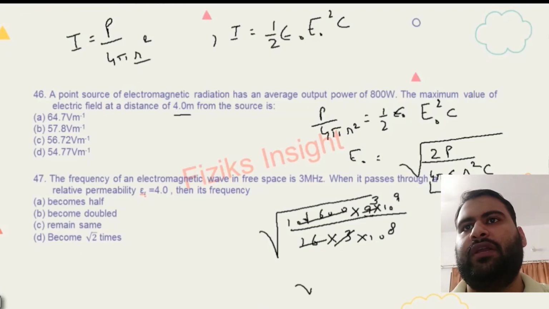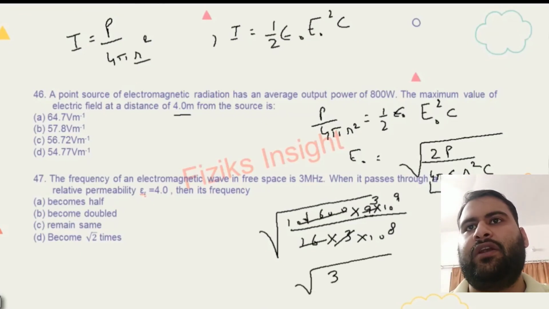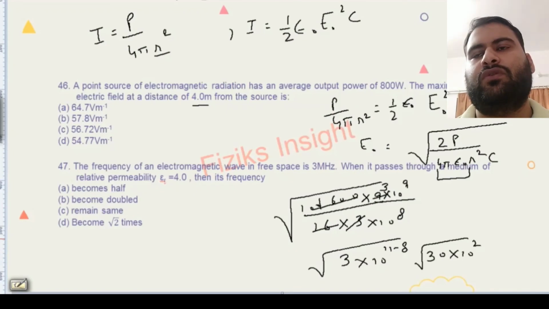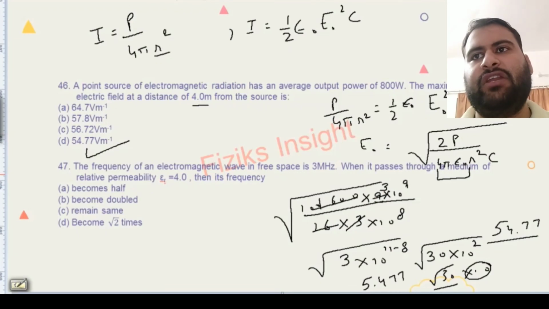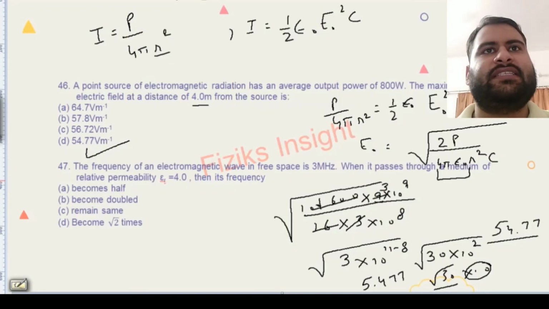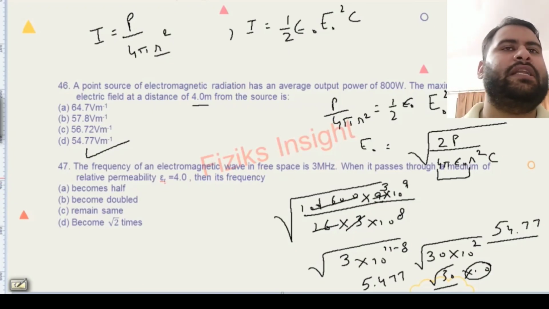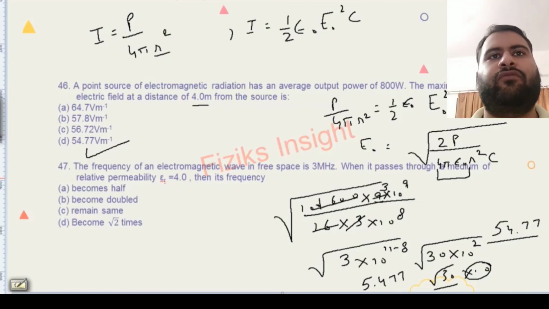So it comes out to be root 3 into 10 raised power 11 minus 8. 11 minus 8 is 3. So root 30 into 10 raised power 2. So what is the value of root 30? 5.477, and when you multiply it with 10, it becomes 54.77. So the correct option is D part, that is 54.77 volt per meter.